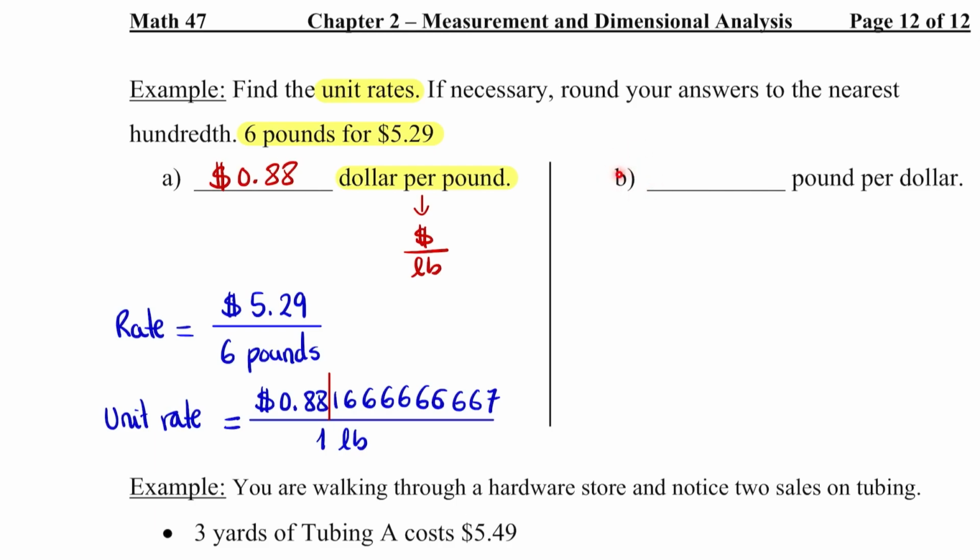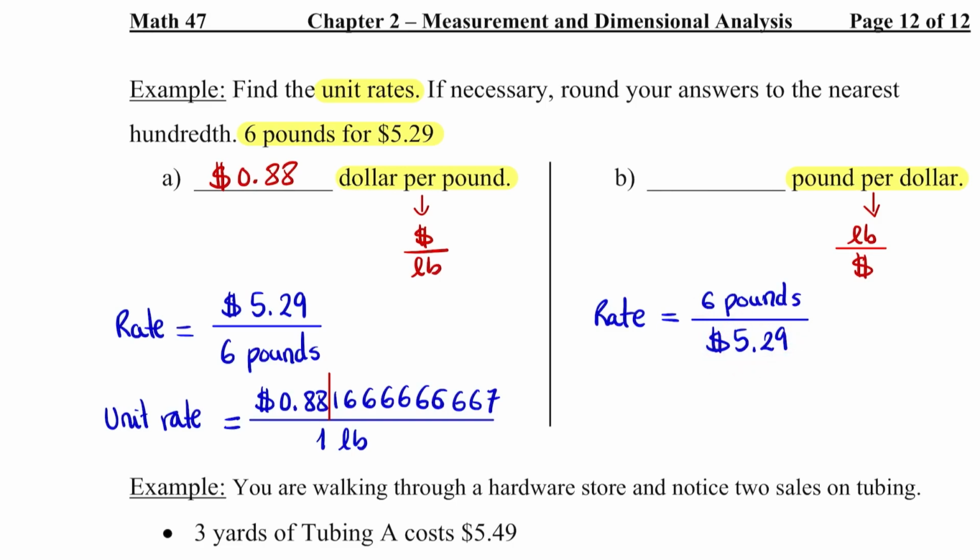Question B, they're asking for the same thing. They're still asking for the unit rate, but instead they want pounds per dollar now. So they want pound over dollar. Instead of $5.29 over 6 pounds, now we take 6 pounds over $5.29. So this is my rate, but I want to find the unit rate, which means I want to turn 5.29 into 1.